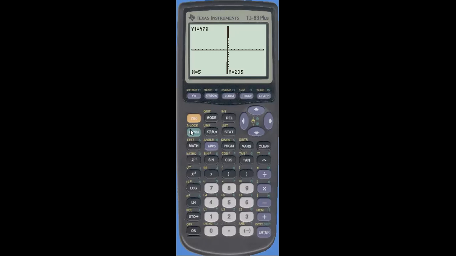If I was looking for 4.5, so second, trace, value, I'm looking for 4.5, and it's going to tell me, here's your 4.5. If I'm looking for a fraction, so second, trace, value, let's say I'm looking for 4 1/3. I'm going to put in 4 plus 1/3. Hit enter, and it's going to say, here's your value. Okay, that's utilizing the calculator.